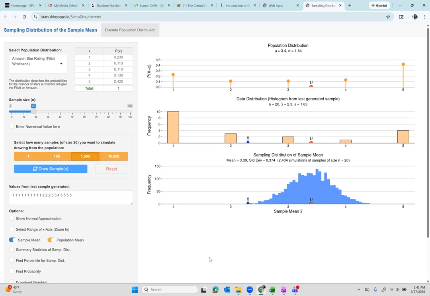So as you can see, the lowest value of x is 1, and the highest value is 5, but we haven't gotten any means that far to the right or that far to the left. So our means tend to gather around the mean of the population that was 3.4.